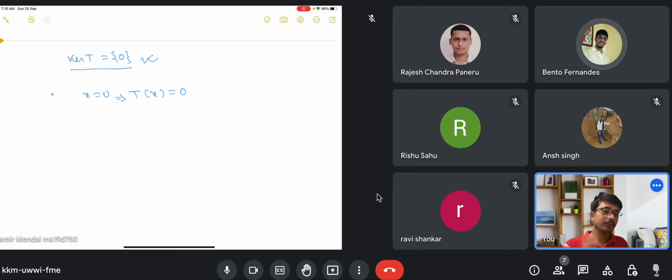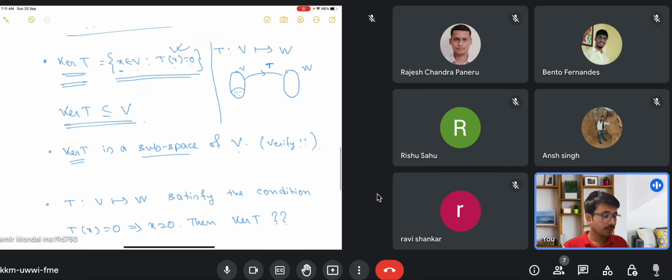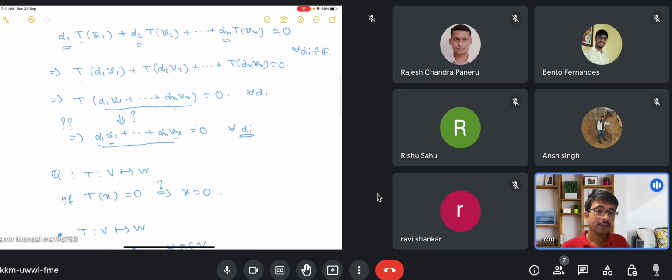What is the image of 0? So if your x is 0, the linear transformation has to satisfy that T of x is equal to 0. Our assumption is that the kernel of T equals 0, so the other way is also true: T of x equal to 0 implies x equal to 0. Under this condition these two statements are equivalent.